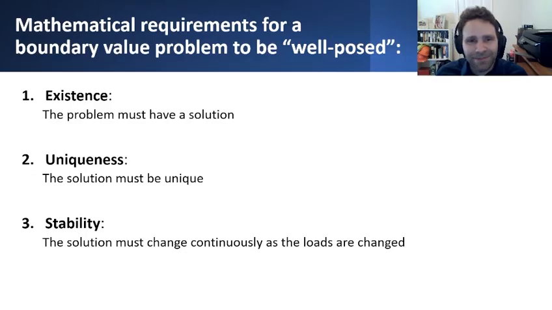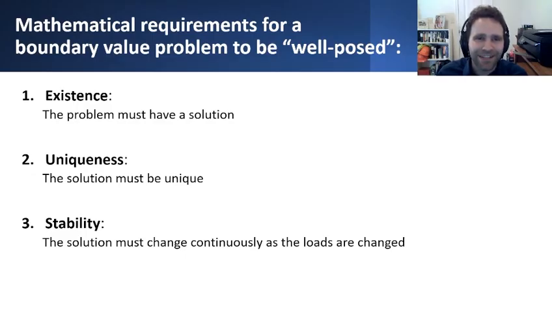So uniqueness insists that for a well-posed boundary value problem, not only should a solution exist, but that solution should be unique. It means there are no alternative solutions to choose from which satisfy all the equations and boundary conditions which you've prescribed. And we'll see where that can come into the picture.